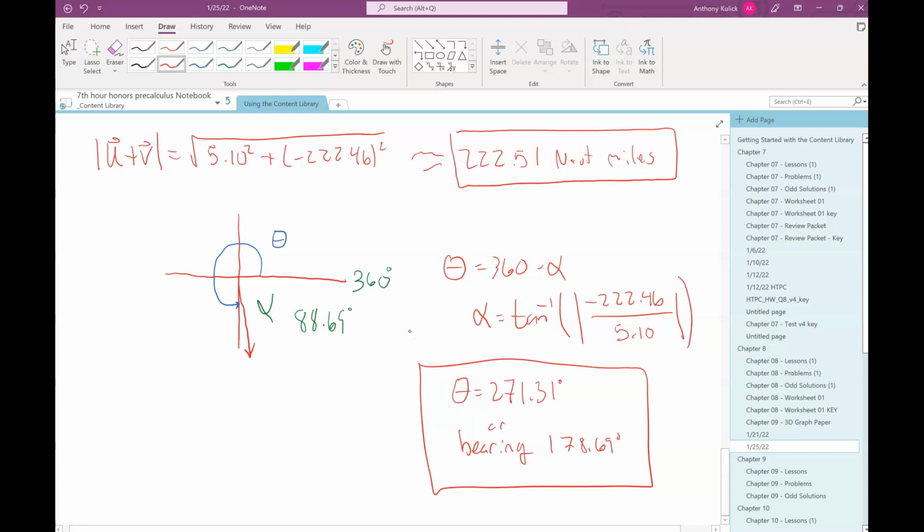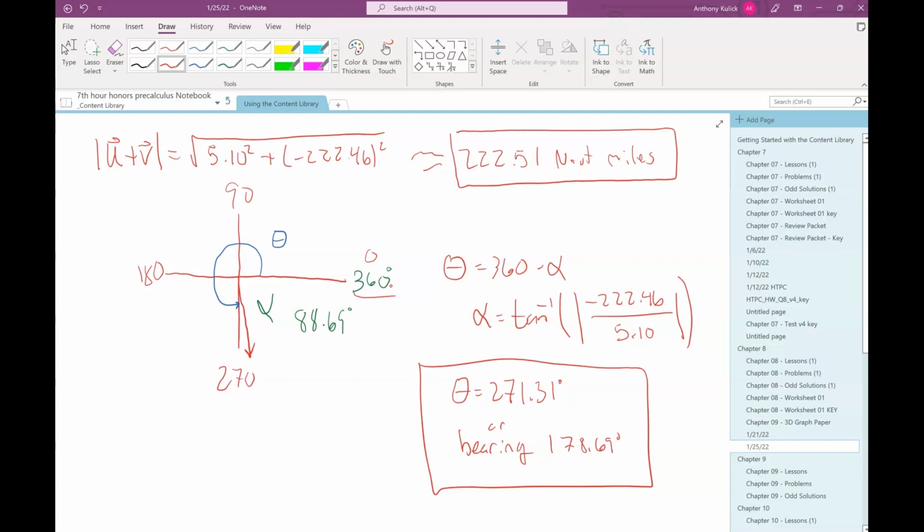Luke? Why would 360 be on the far right and top? So when we go around our standard position angle, oh, okay. And wait, so when you were finding out the bearing of the first vectors, were you doing that in standard or not?